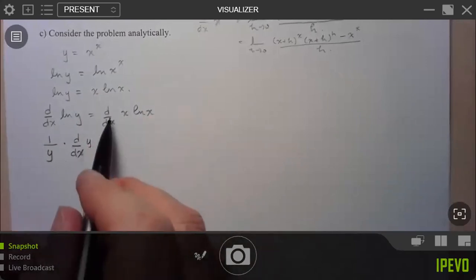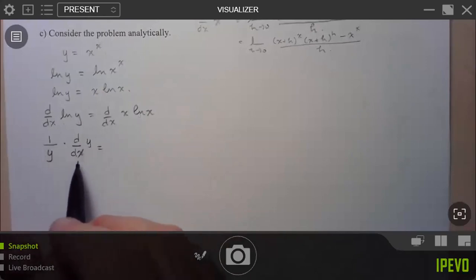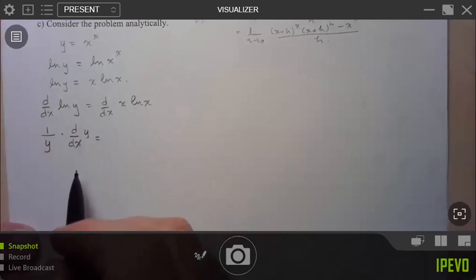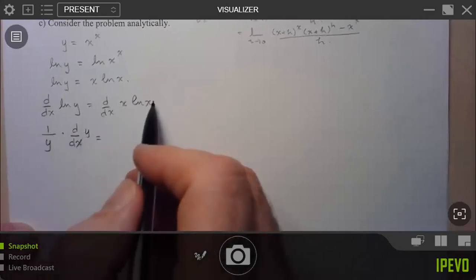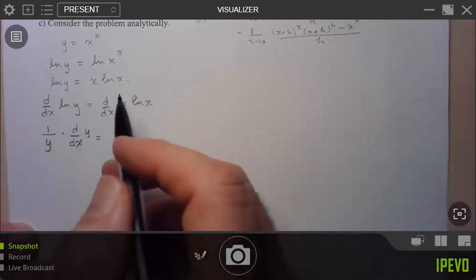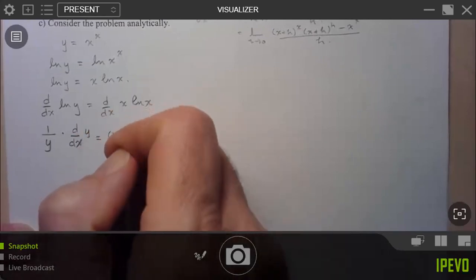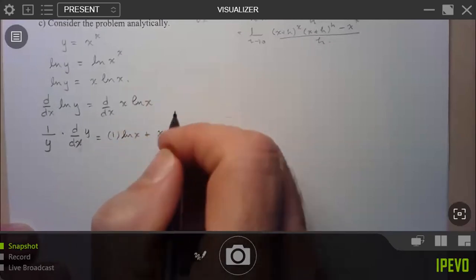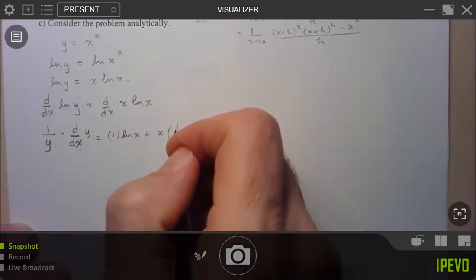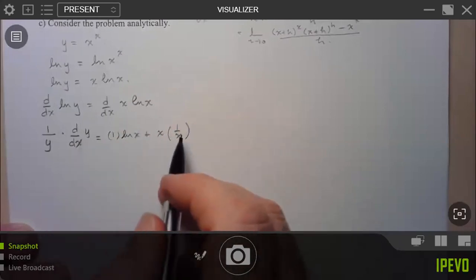Now, we're going to do this part really quickly, but I want you to think about what this is going to start to look like. Because remember, I'm going to want to keep everything with respect to x. So let's do this right-hand side. That's pretty easy. Derivative of the first is just 1 times the second, ln x, plus the first function times the derivative of the second, which is 1 over x. Nice and easy.